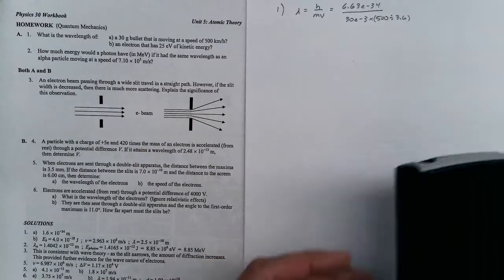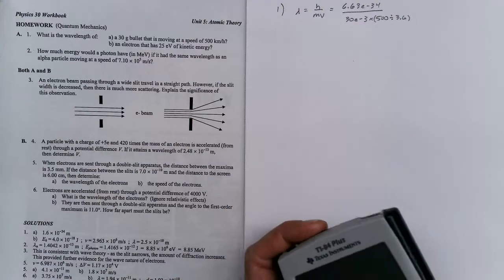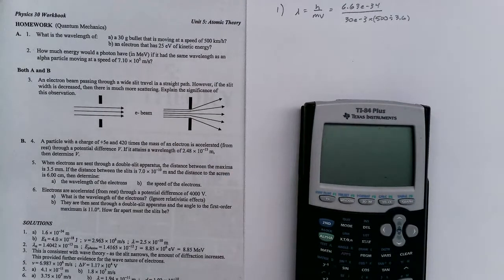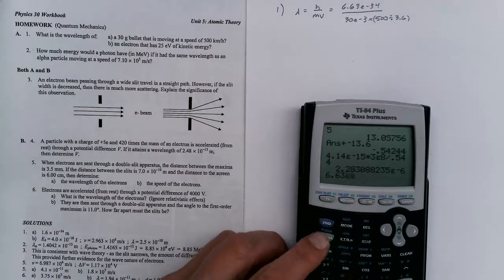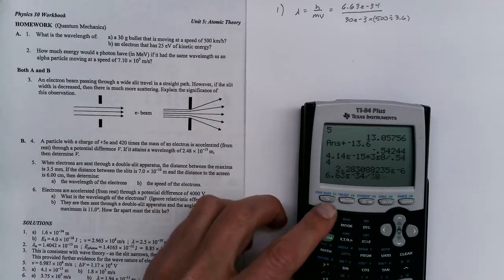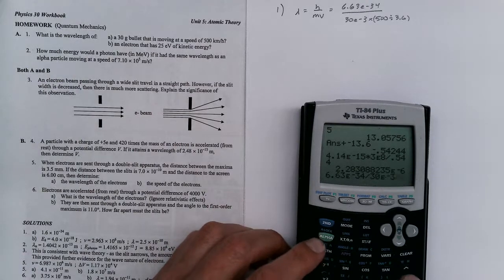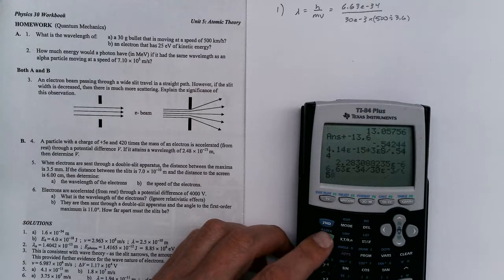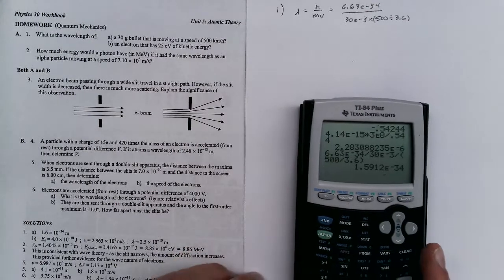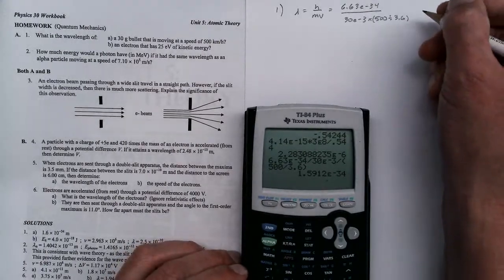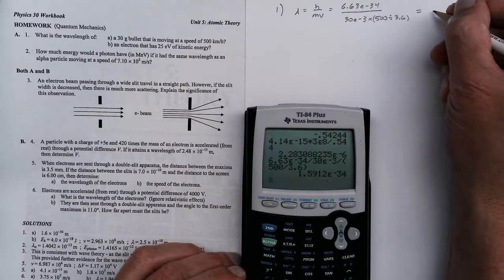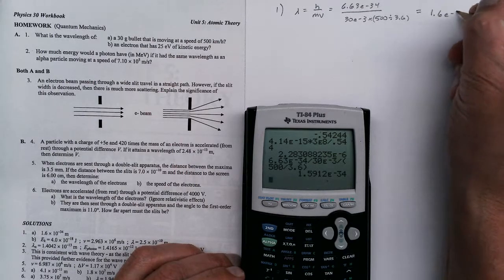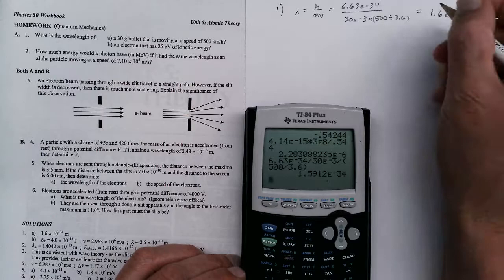Okay, and now the calculation. 1.59 times 10 to the negative 34, so we'll go with 1.6 e negative 34 meters.